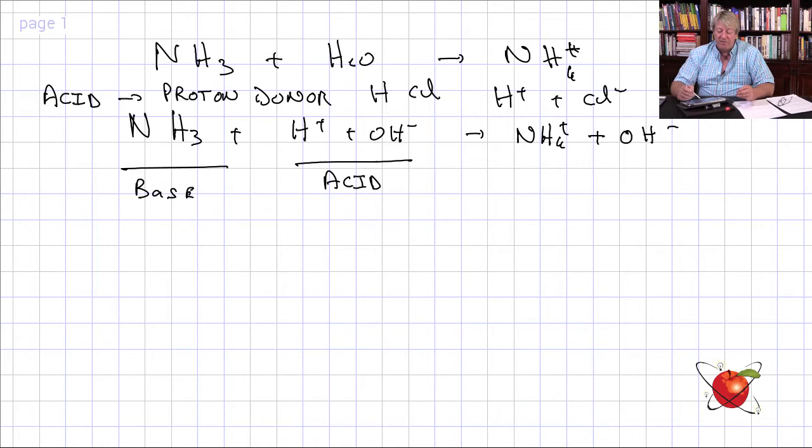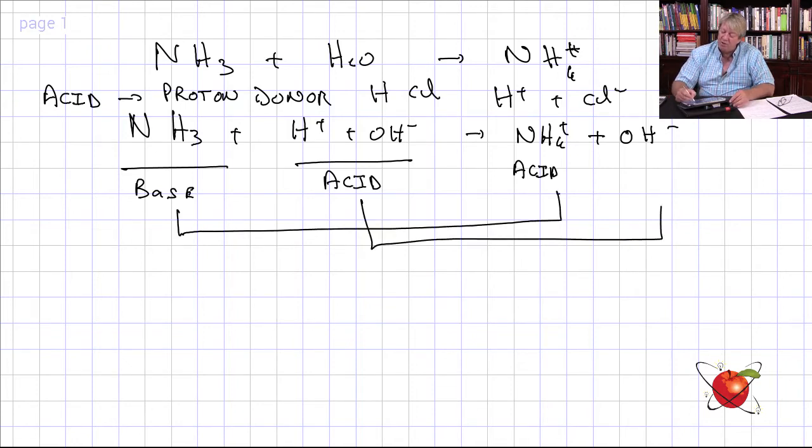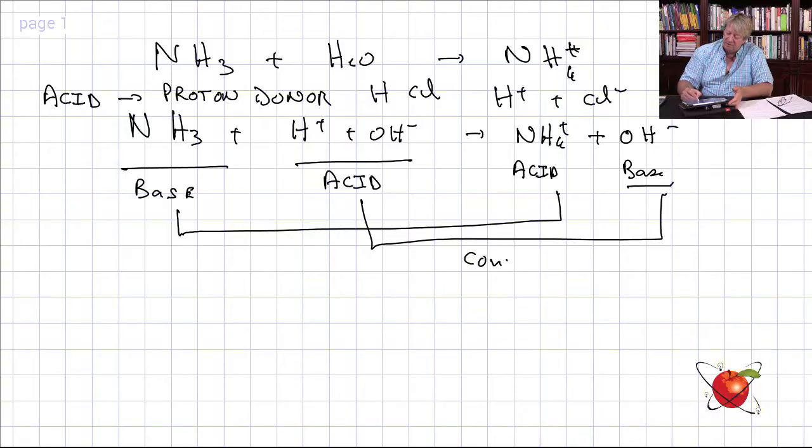So if it received the proton, this NH4 has now got a proton in excess, which means it can donate it, which means this is the acid. And once again, OH is a base, isn't it? The hydroxyl is a base. We know that. So there's our conjugate acid-base pairs over there, like so.